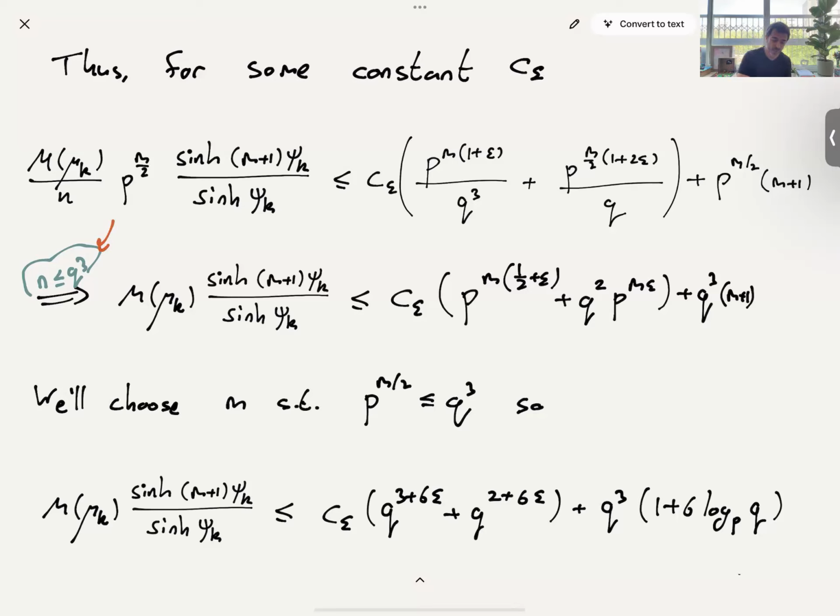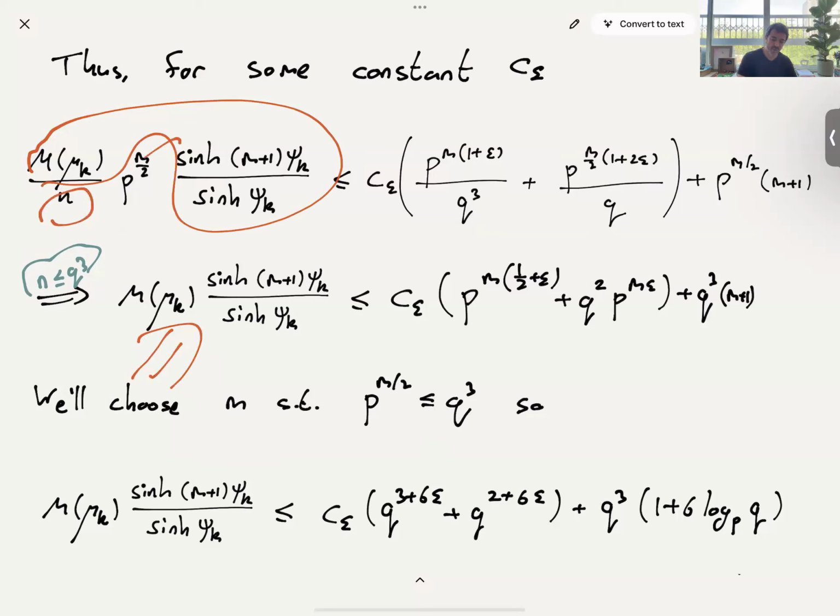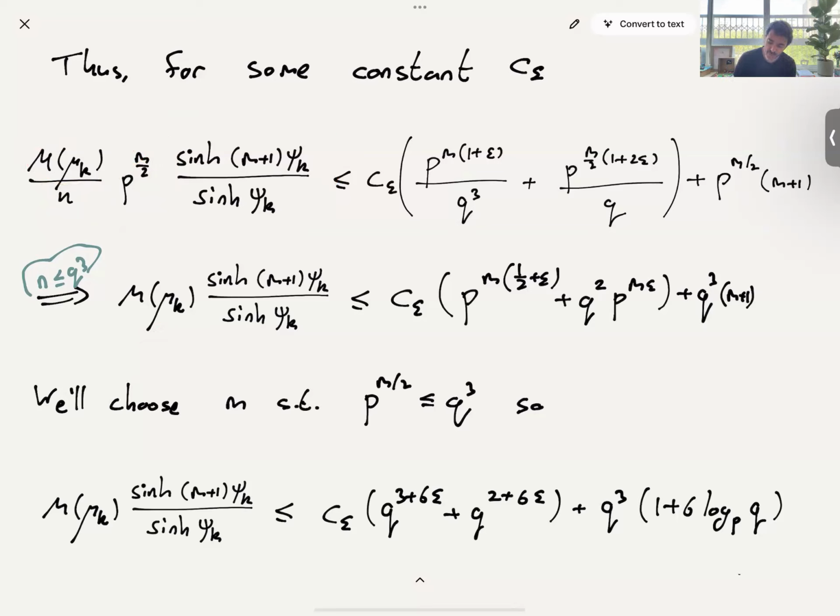I mean, in the right direction, we're going to replace this n by q cubed. And also we are going to multiply by q cubed to clean this up, and divide by p to the m over 2, whatever it does. So if you do that, then this thing, which is here, because you multiply by q cubed, which is n, and divide by this, is bounded from above by this expression.